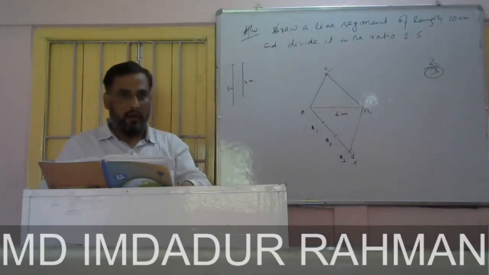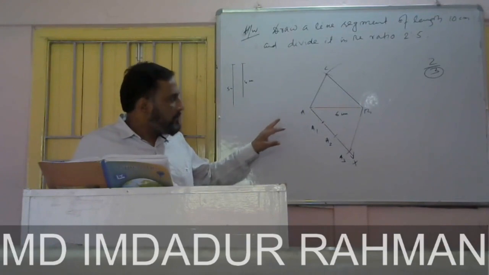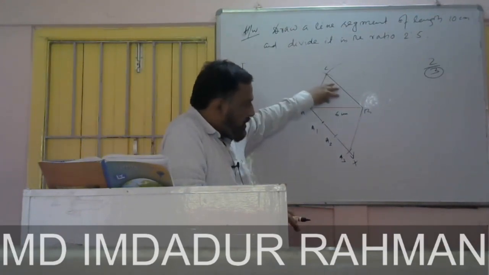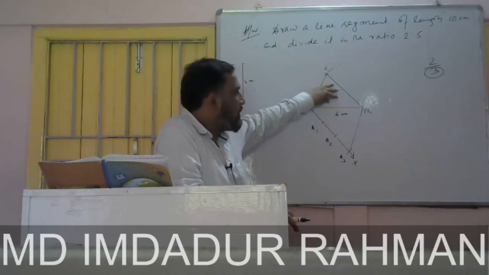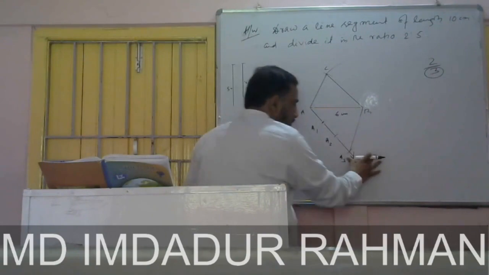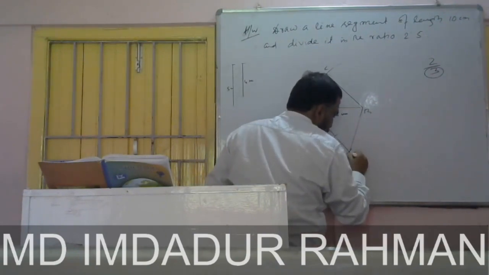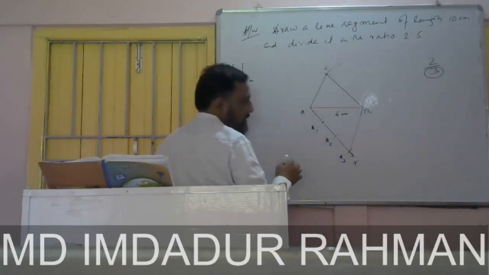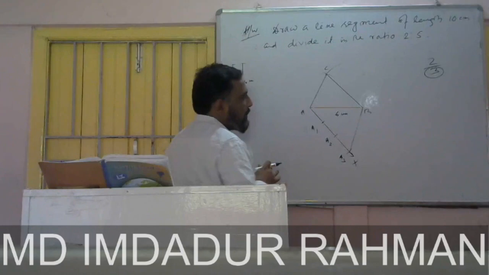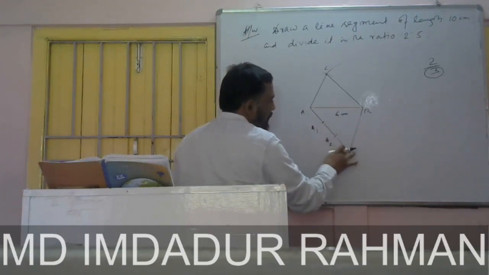Don't worry, I will repeat the steps. You see, at first we have drawn the triangle, then we have given a ray AX, and then divided this ray into 3 equal parts, A1, A2, A3.